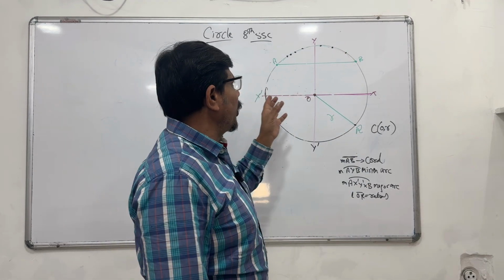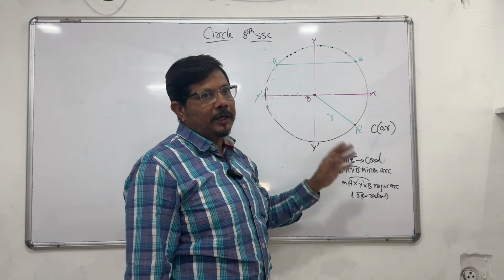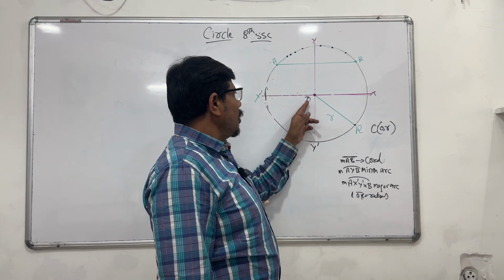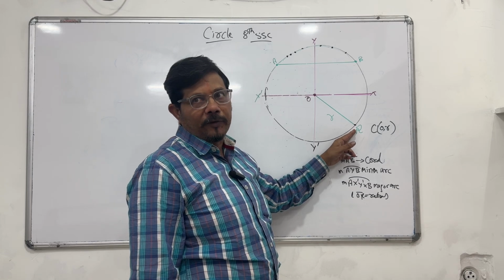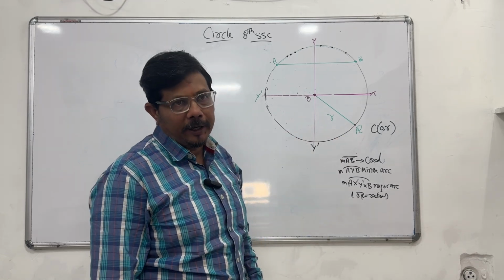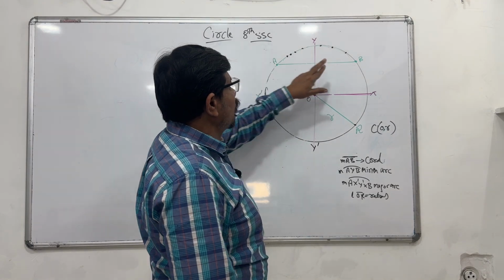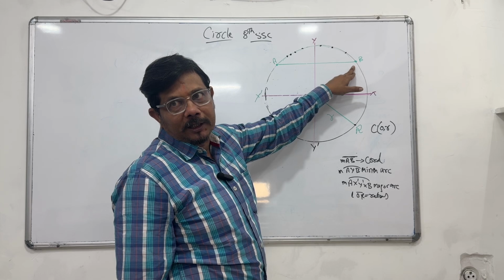Means loci of the points in a plane equidistant from a fixed point, that is called center, and from the center to any point on the circumference is called radius.